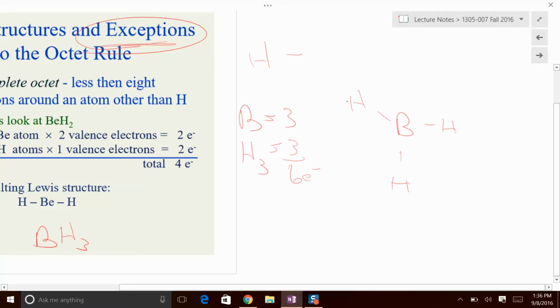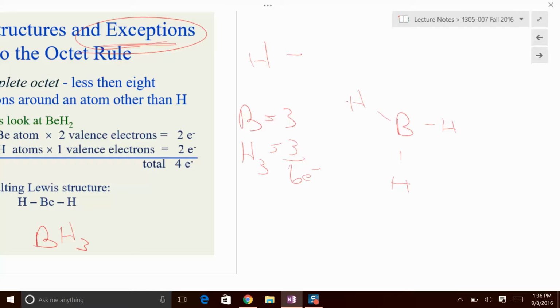But once I get to carbon, carbon has 4 valence electrons. It can make 4 bonds. It can satisfy the octet. But before I get to carbon, I cannot. Everything else can. It's just boron and beryllium. Those are the ones that come before carbon. Lithium is too much of a metal.